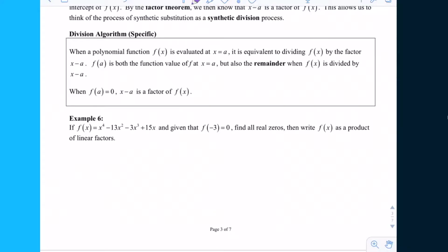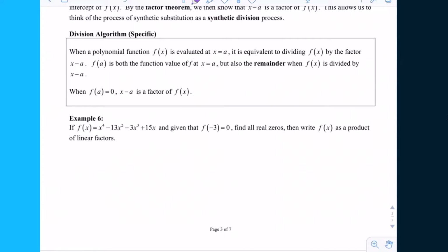But this is saying if x minus a is not a factor, that is, it doesn't go in evenly, and the remainder is not 0, then the function value is still meaningful. The function value still gives us something that's useful. It gives us the actual remainder. That's pretty cool. And of course, when the function value is 0, then we know that x minus a is truly a factor.